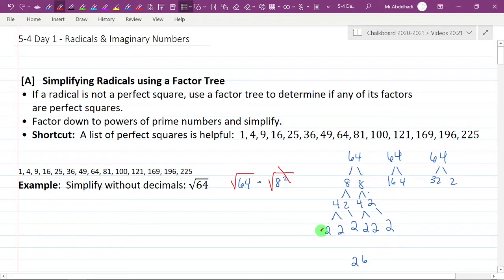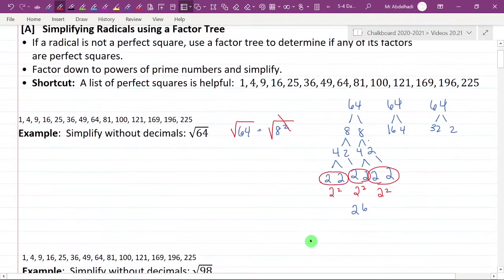Now, do we have any perfect squares here? Well, actually we do, because look, this is 2 squared, right? That's 2 squared. There's a perfect square right there. Here's another perfect square right here, 2 squared, right? And here's another perfect square right here, 2 squared. So we can rewrite 64 as 2 squared times 2 squared times 2 squared.